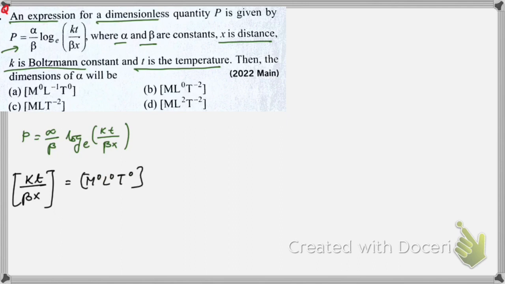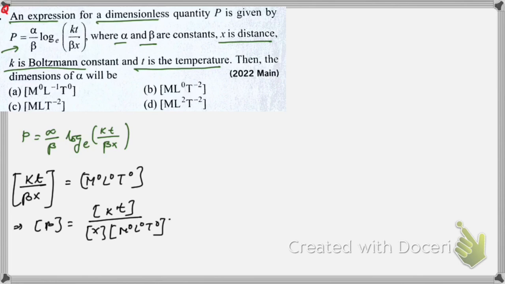If you simplify this, then the dimension of beta is equal to the dimension of kt divided by the dimension of x, which is M to the power 0, L to the power 0, T to the power 0.